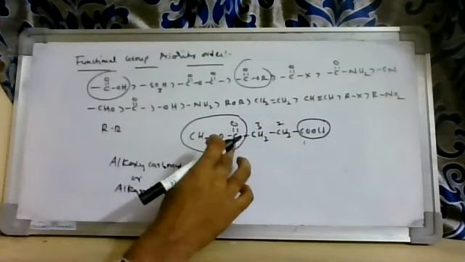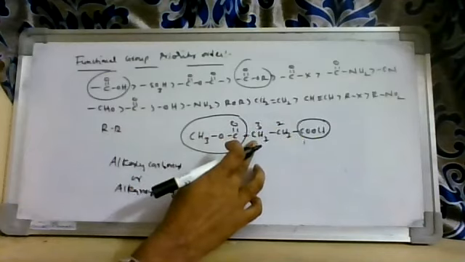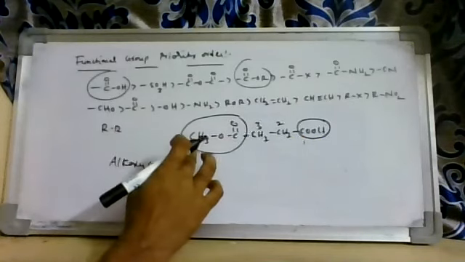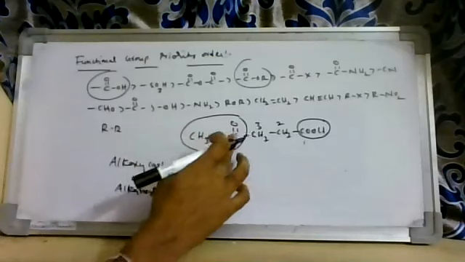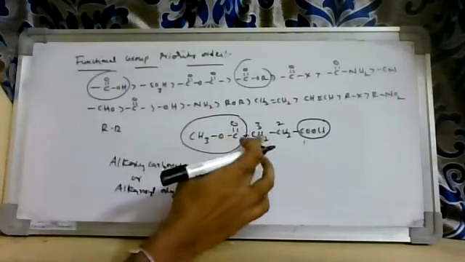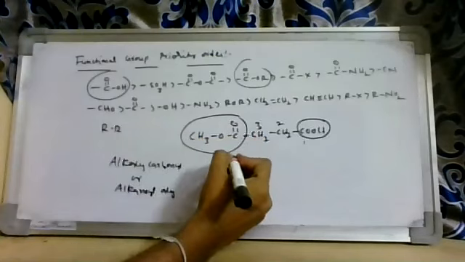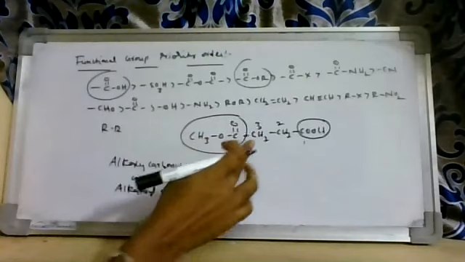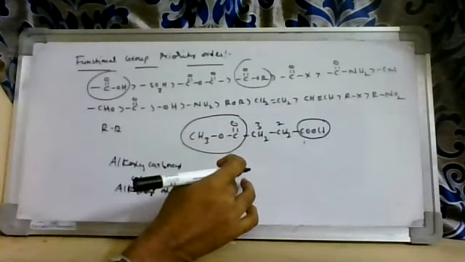Suppose C double bond O directly attached to carbon is called alkoxycarbonyl. Alkoxy means here how many carbons? One carbon, so methoxycarbonyl. It is substituted on the third carbon, so give number 3, and number and word are separated by hyphen.